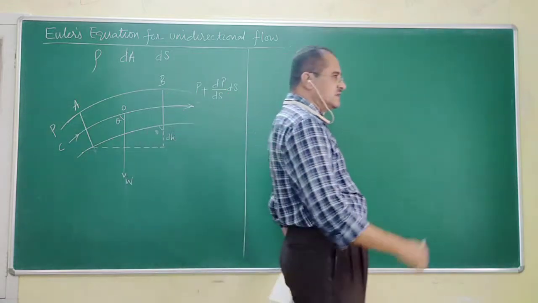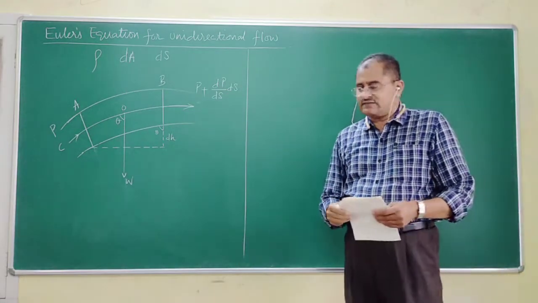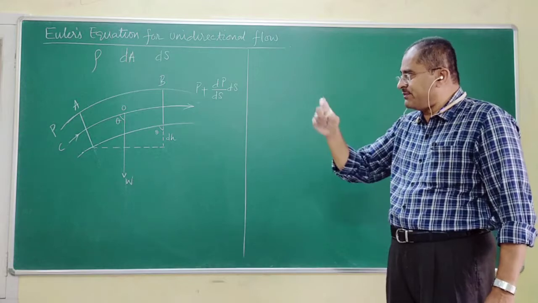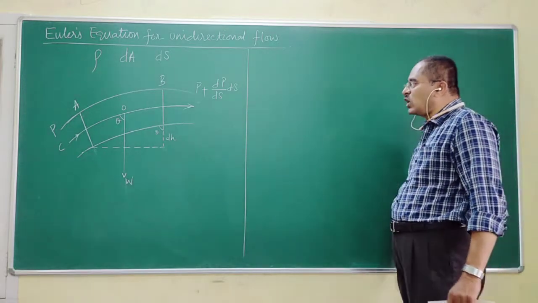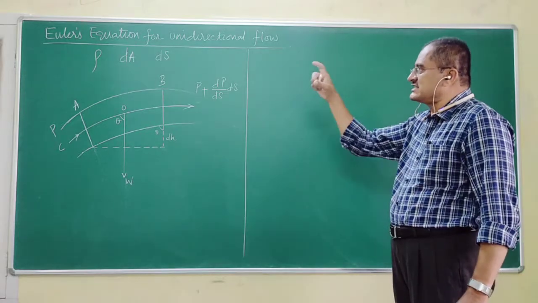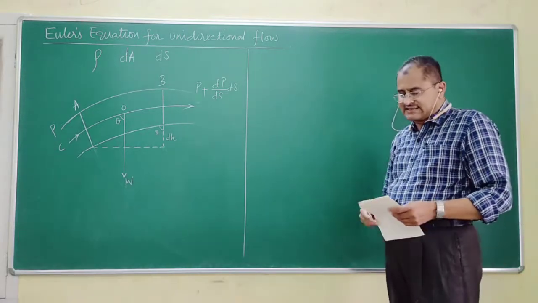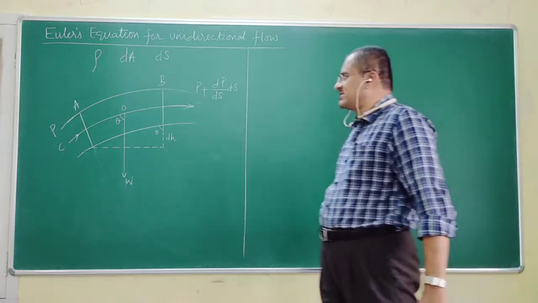I repeat, here we consider a very small element AB of a flowing liquid whose density is rho, area of cross section is dA, and ds is the length of the element.